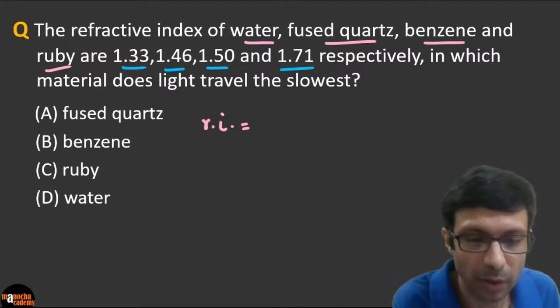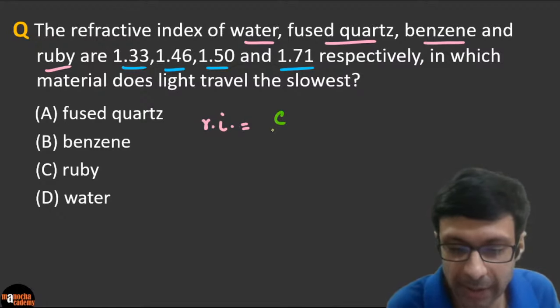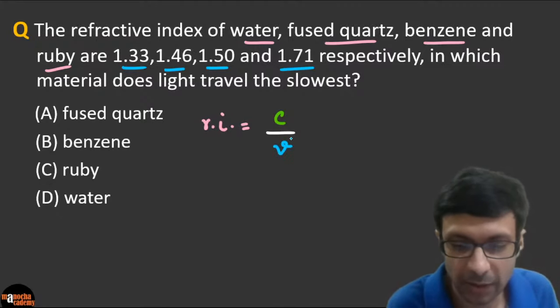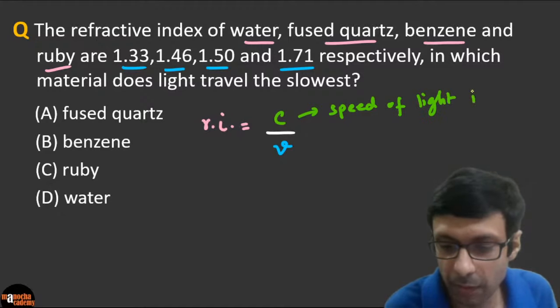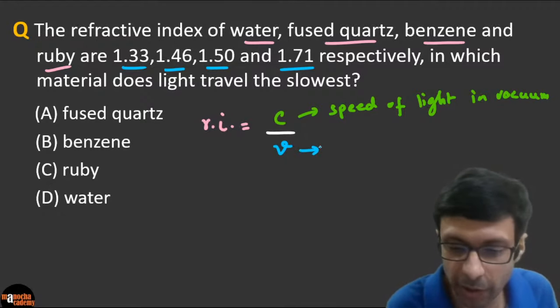All right, so let's write that. We denote that by C divided by the speed of light in the medium. Okay, C by V, where C is the speed of light in vacuum, right? This is speed of light in vacuum, and V is the speed of light in the material.